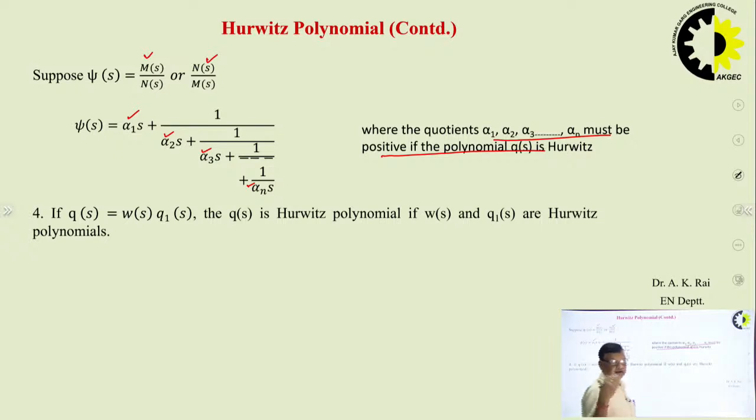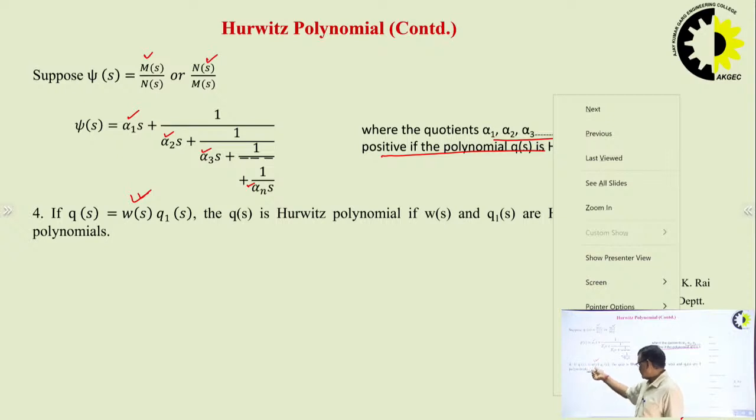Now suppose you are carrying out the continued fraction expansion and after one or two divisions the remainder becomes 0. Okay. So it means this Q(s) has a factor W(s). So we separate W(s) and Q1(s) from Q(s) and try to find whether these W(s) and Q1(s) are Hurwitz polynomials or not.